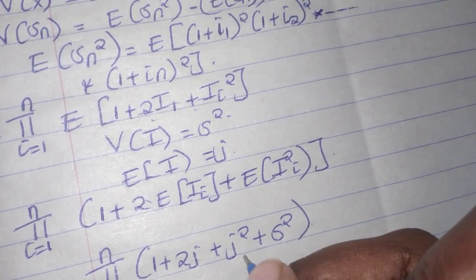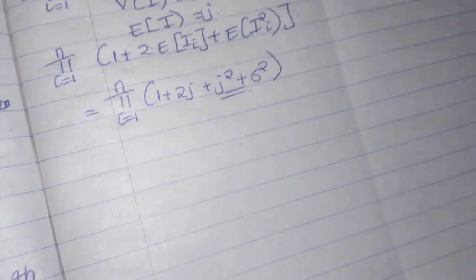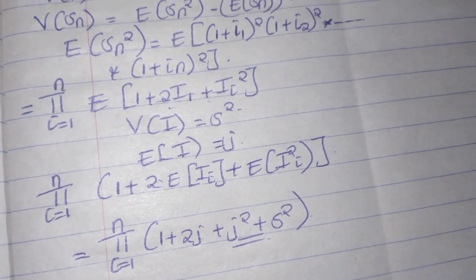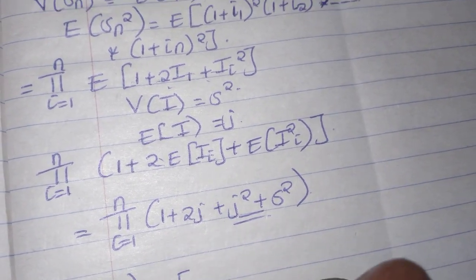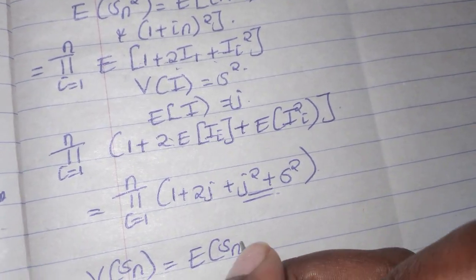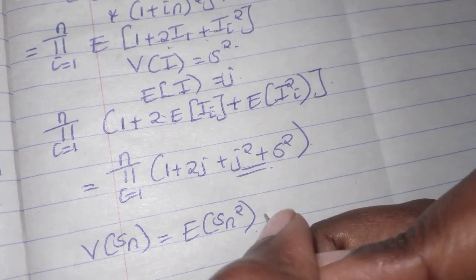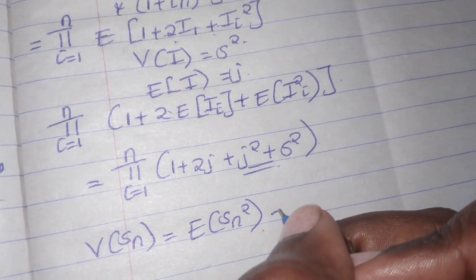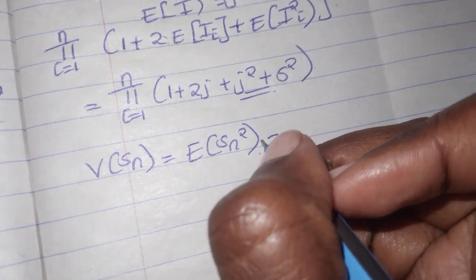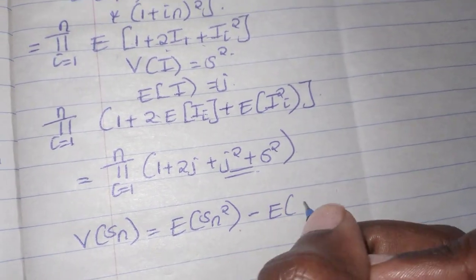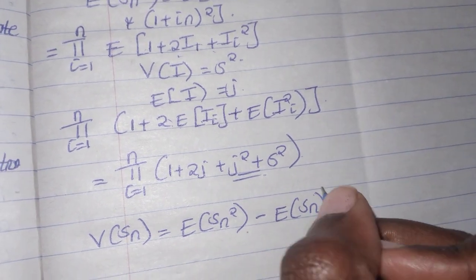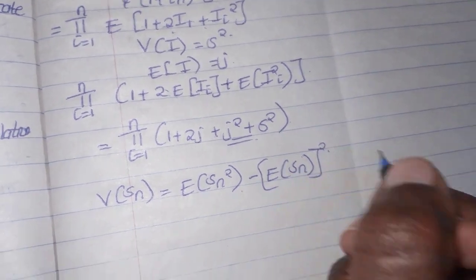We have said that the variance of Sn is equal to the expectation of Sn squared minus the expectation of Sn, all squared.